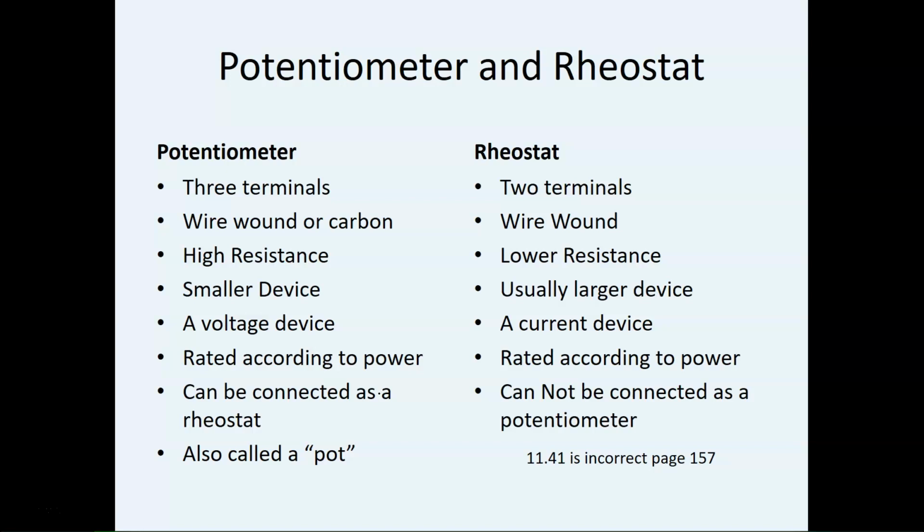Pots are usually smaller, rheostats are larger. Potentiometers control voltage. That's one of the bigger differences here. Rheostats control current. You need to make sure you understand that and the difference in the terminals.